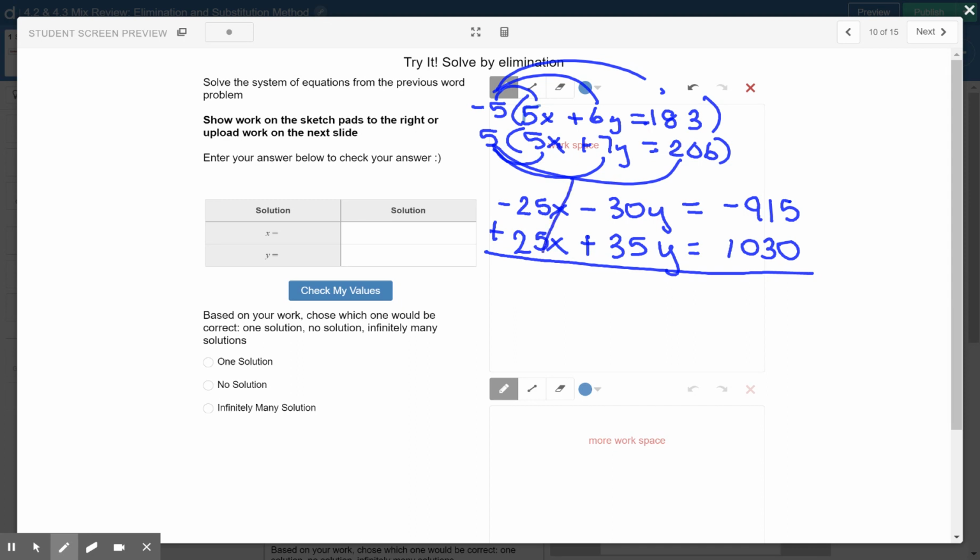So when you add these together, the x's go away, and we're left with just 5y. And then negative 915 plus 1,030 gets you 115. So once you divide them, you're going to get y equals 23.